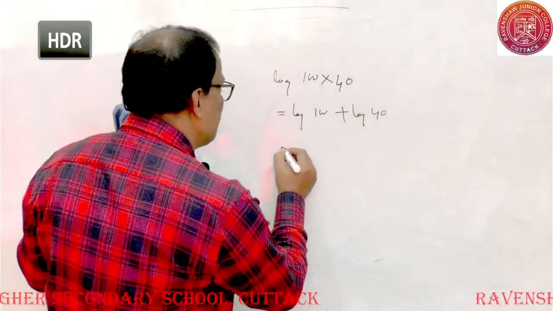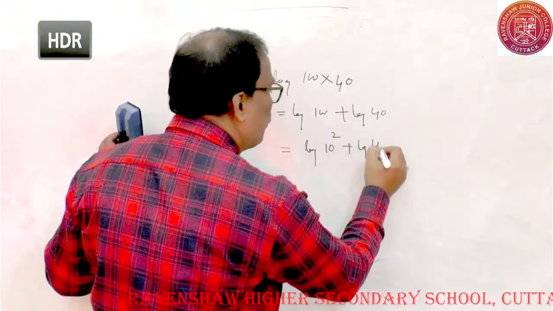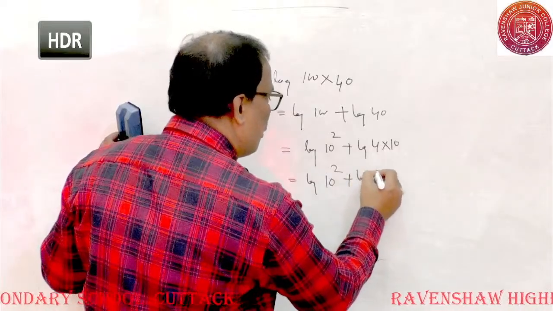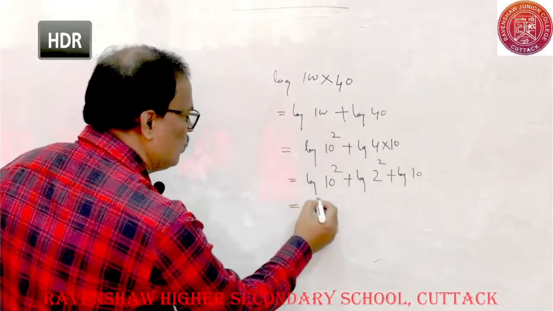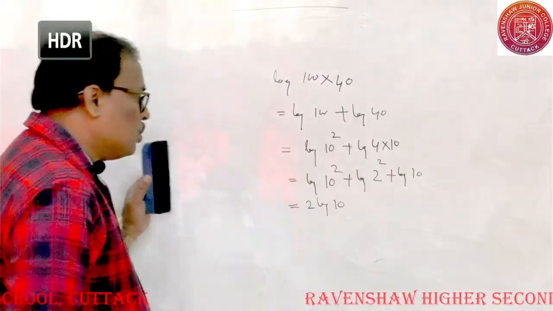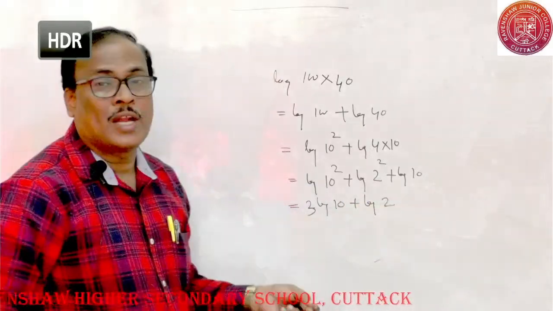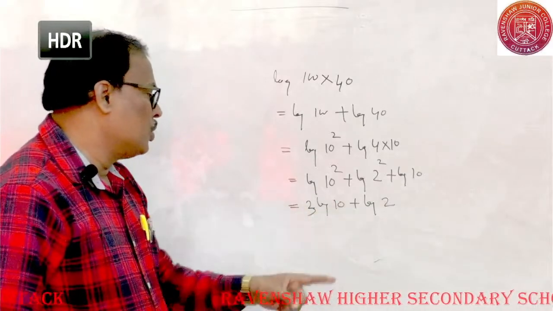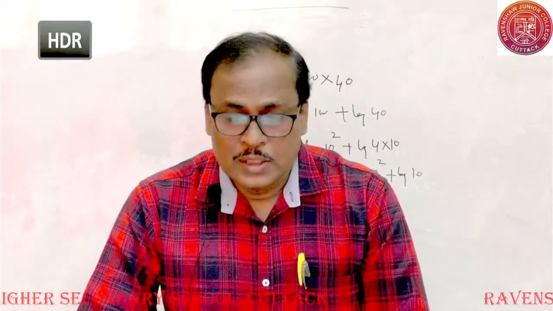This is equal to log 10 to the power 2 plus log 4 into 10, so log 10 to the power 2 plus log 4 plus log 10, that is log 2 to the power 2 plus log 10. So 2 log 10 by the power raised law. Here 2 log 10 plus another log 10 gives 3 log 10, plus log 2. The value of log 10 you know is 1, so 3 log 10 is 3, plus the value of log 2, which is 0.30103. Adding them, we get 3.30103, which is the answer.